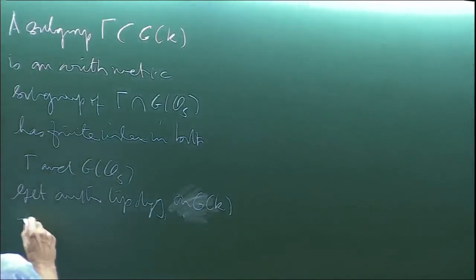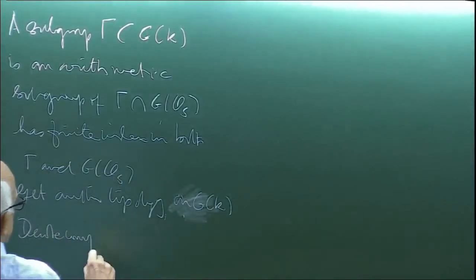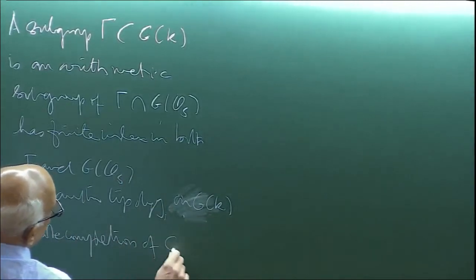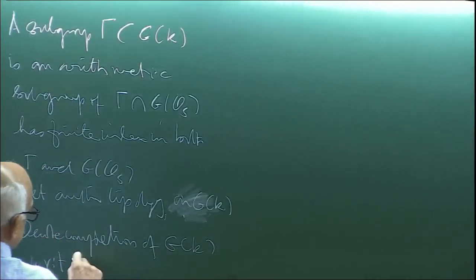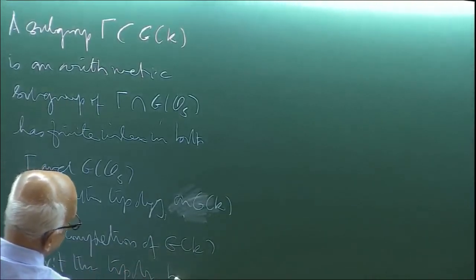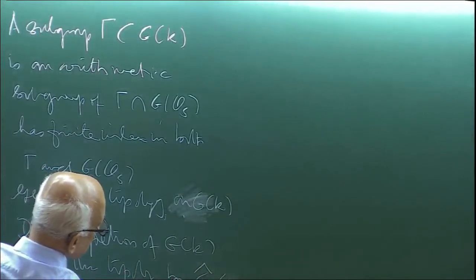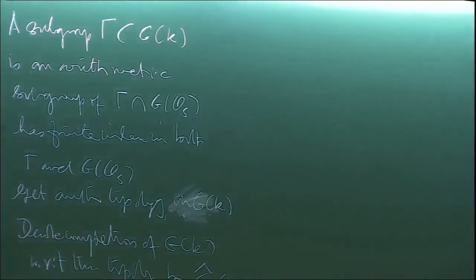We denote the completion of G_K with respect to this topology by G hat K. And the completion with respect to the congruence subgroup topology I denoted G bar K. In fact, one should put an S. Sorry, when I say congruence groups, it all depends on S. I'm taking S-integers.